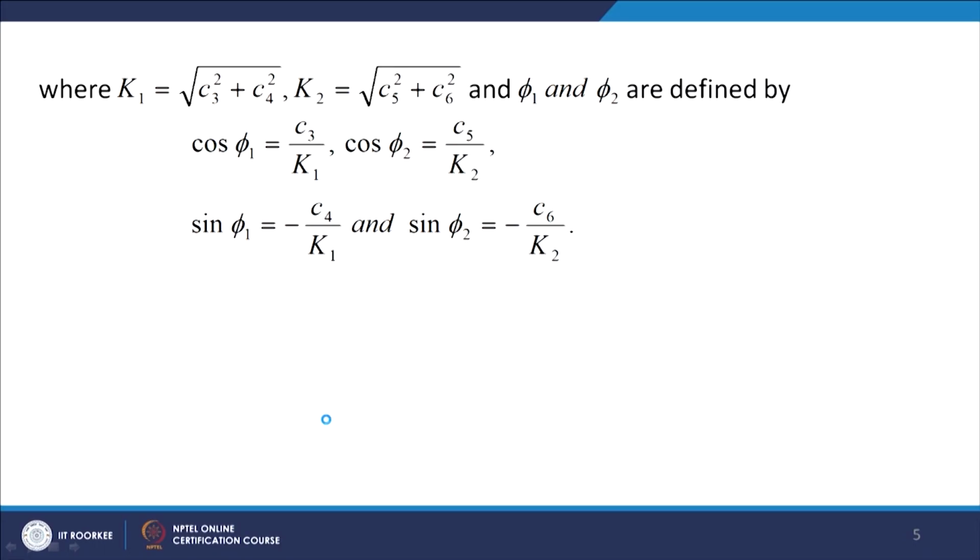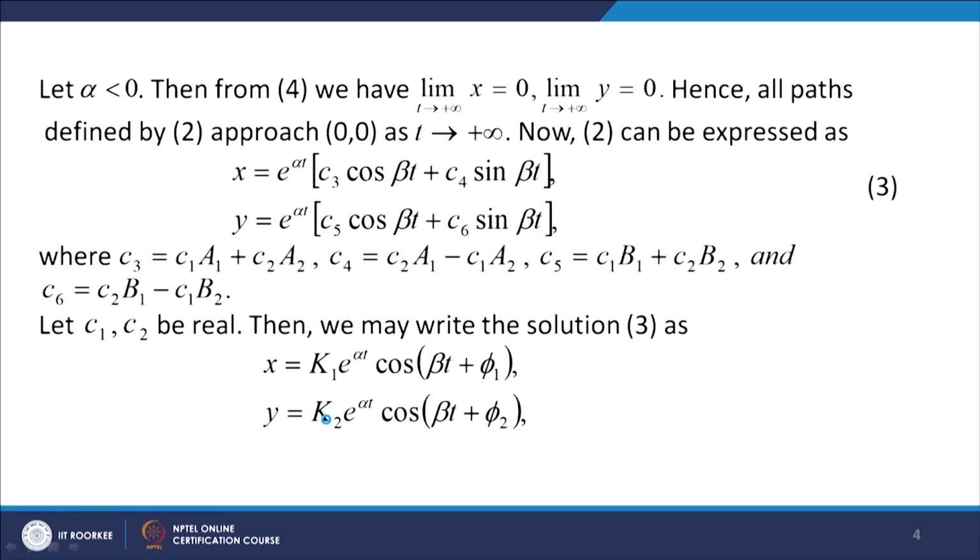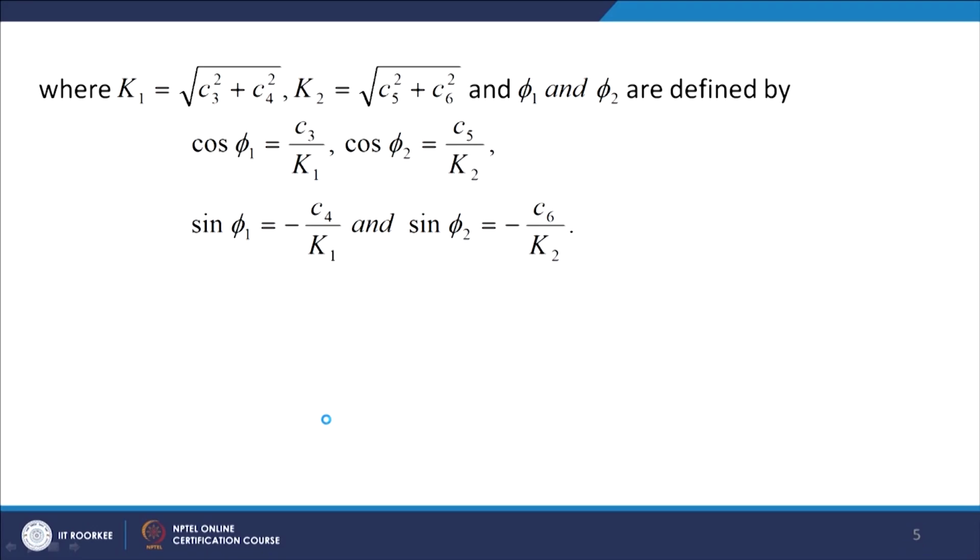And while doing this, it is easy to see that k1 is under root c3 square plus c4 square and k2 is under root c5 square plus c6 square, and phi 1 and phi 2 are given by the equations cos phi 1 equal to c3 by k1, cos phi 2 equal to c5 by k2, sin phi 1 equal to minus c4 by k1 and sin phi 2 equal to minus c6 by k2.